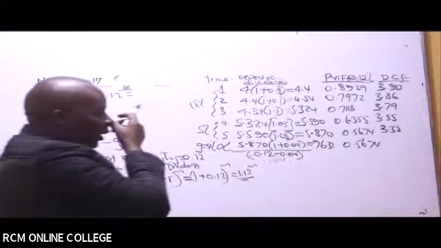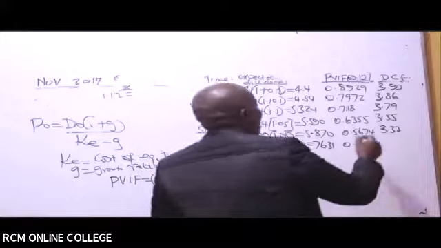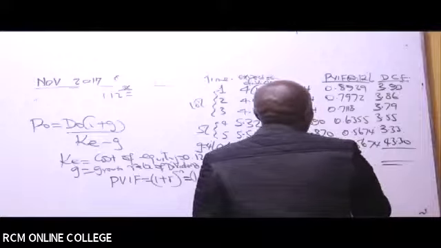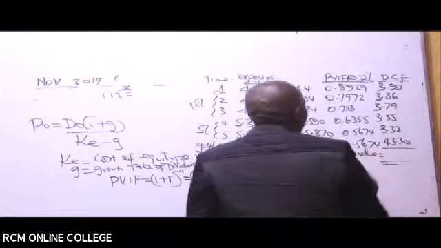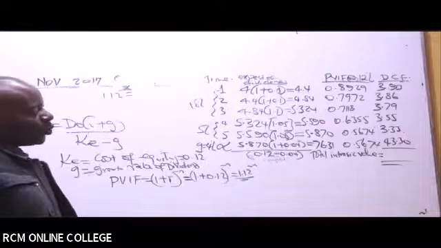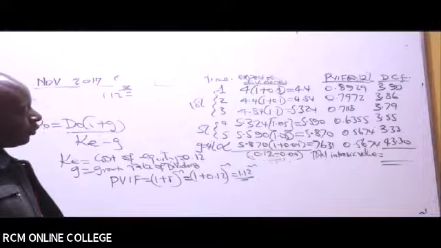And then lastly, we have 76.31 times 0.567074. Thank you. So 43.30. So please come and give me the total intrinsic value. The total intrinsic value, you now add all of those discounted cash flows. We add all of them.